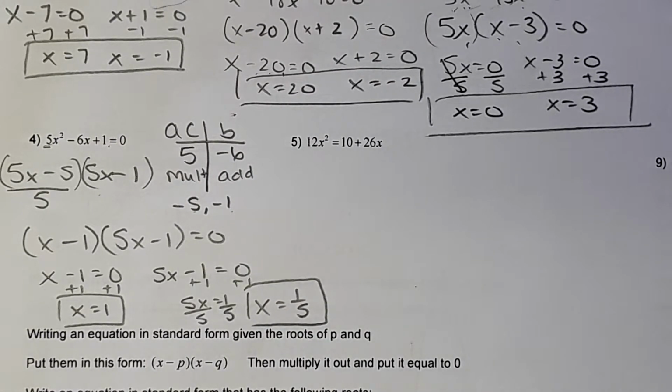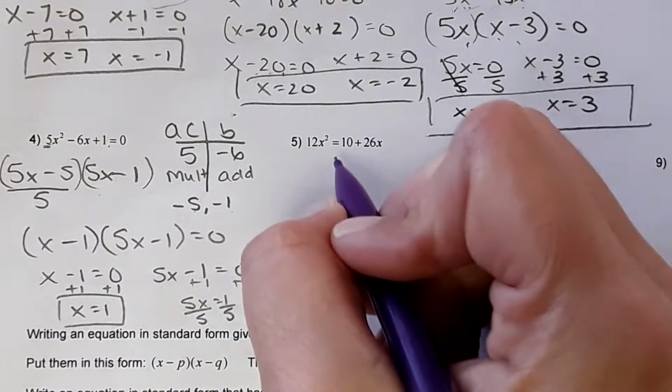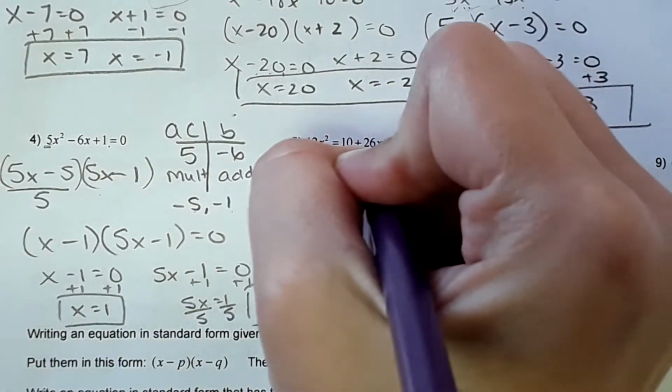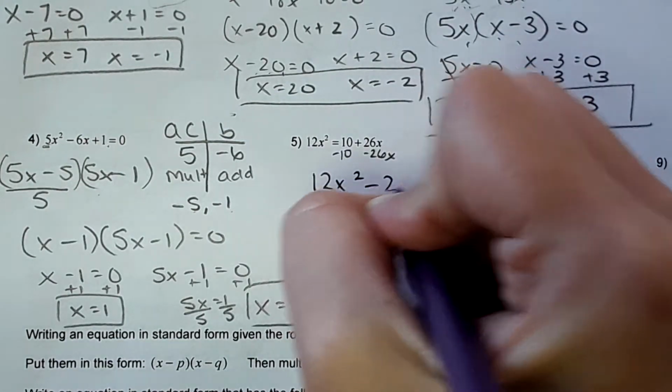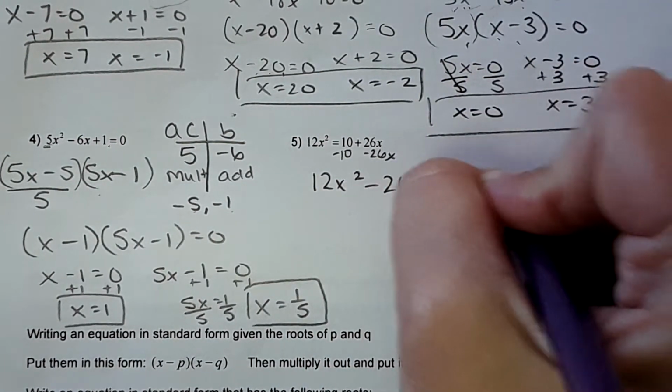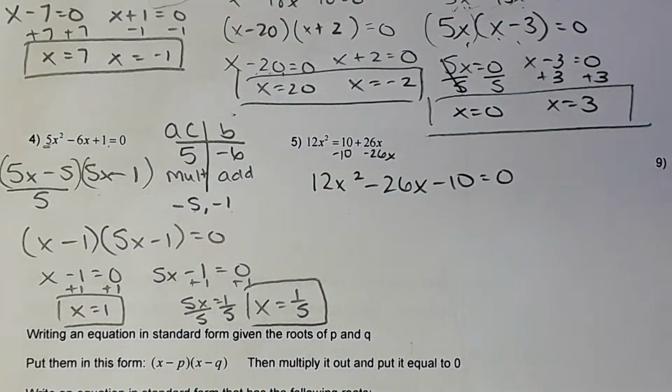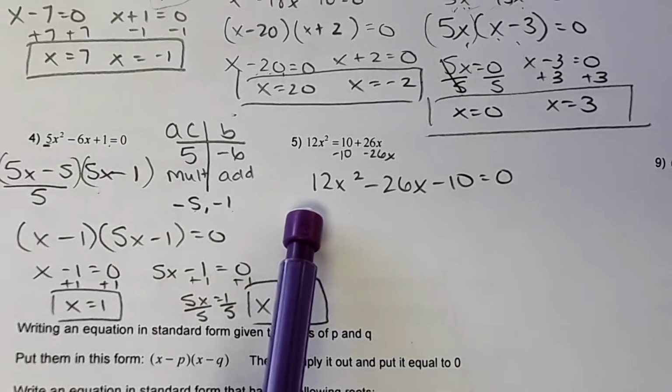Okay, number 5. Again, I need to get this equal to 0, so I'm going to subtract these two to put them on the other side. Could you not subtract 12x and put it on the other one? Yeah. You could, but then you get a negative, I don't know.